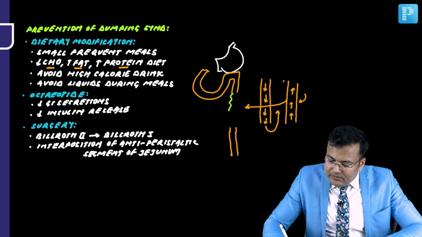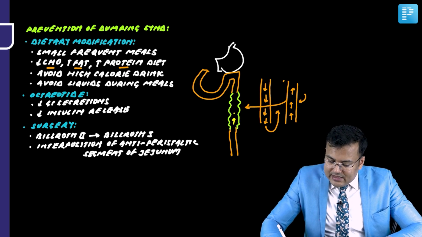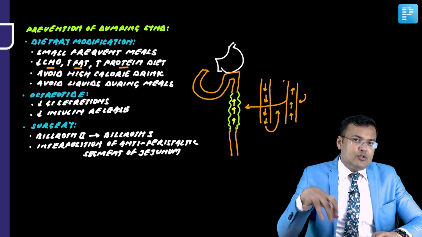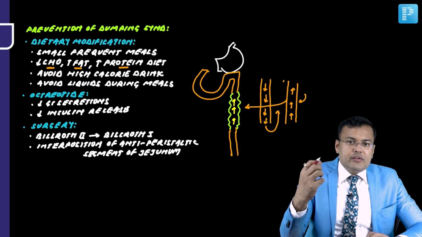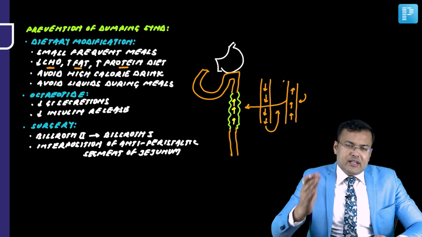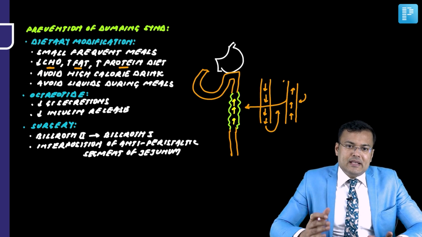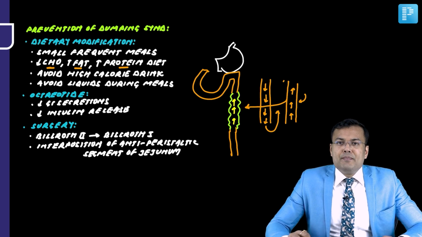Its peristalsis is in the opposite direction to the rest of the bowel, so it tries to hold the food for a longer duration, though not very helpful. So this is interposition of an anti-peristaltic segment of jejunum. These are the management options for dumping syndrome.